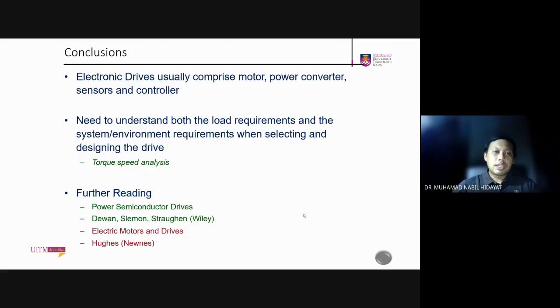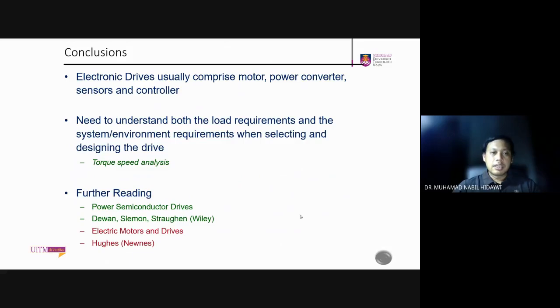In conclusion, the electronic drive usually comprises a motor, power converter, sensors, and controllers. We need to understand both the load requirements and the system environment requirements when selecting and designing the drive. So what we use is the torque speed analysis.